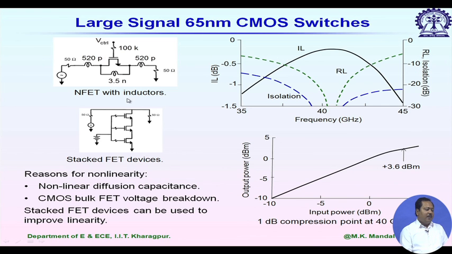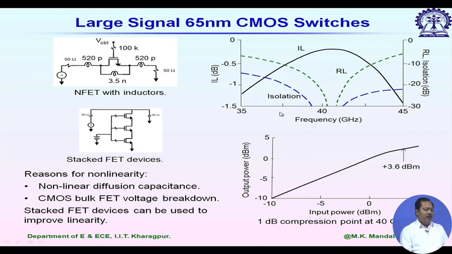Here is one example of an NFET switch with inductors. For this typical switch, we are using 520 picohenry in series and 3.5 nanohenry in parallel combination, and that will give a band pass filter like response. The response is shown here.